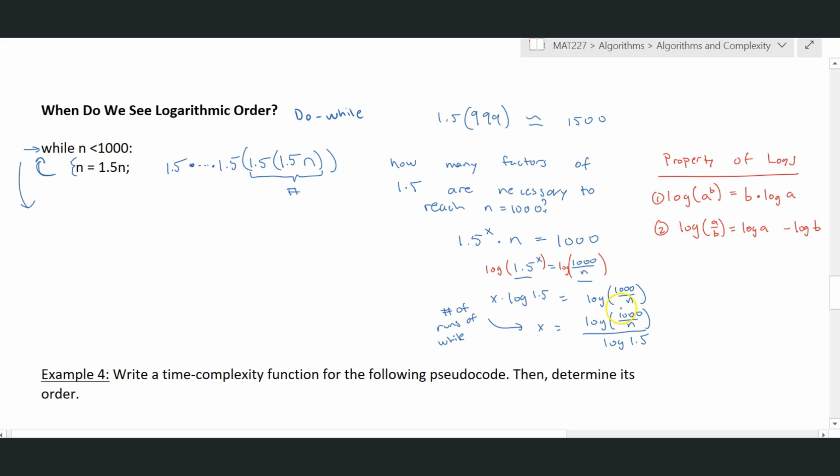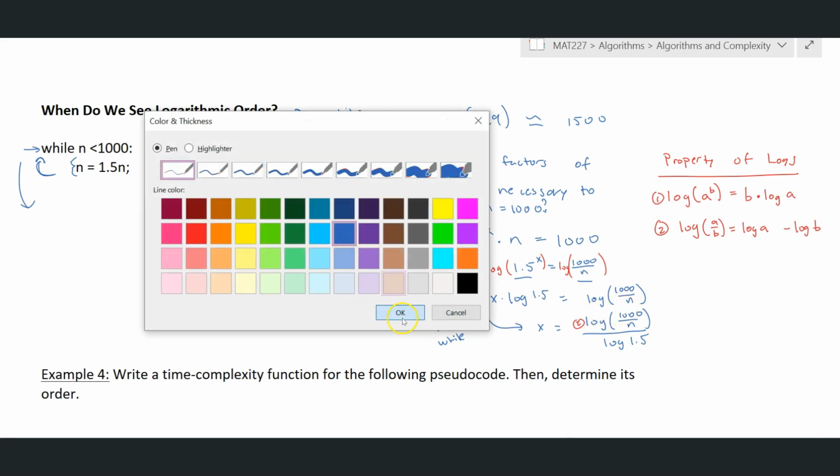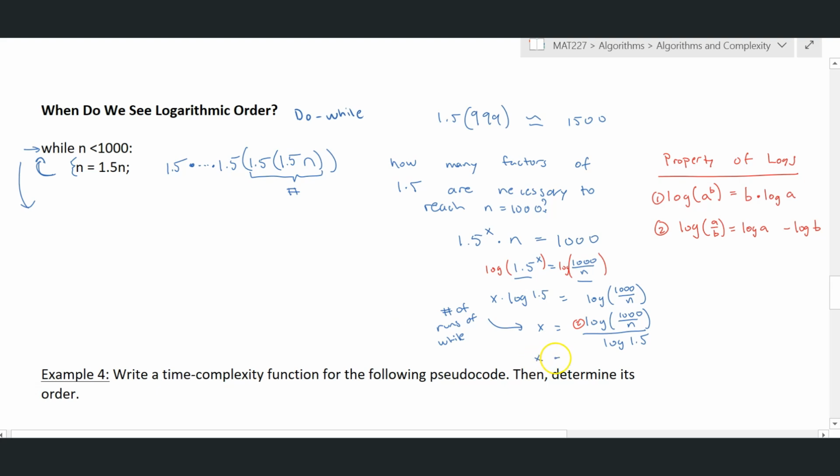So I'm going to impose that on this right here. I'm going to use number 2 to split that apart, because what that will give me is x is equal to the log of 1,000 minus the log of n, and that is all over the log of 1.5.